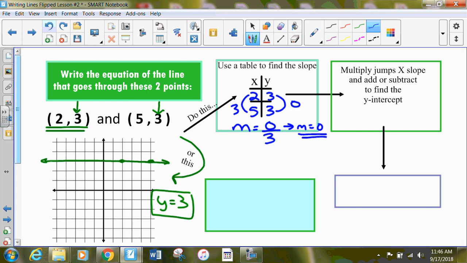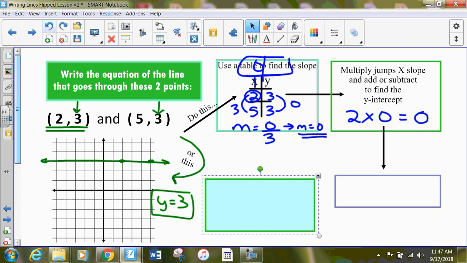Let's see, how many jumps would we have? We're going from 2 to 0. So we would have to make 2 jumps, right? 2 times 0 is 0. And we're going to subtract that from our point. I'm not sure why I didn't include a table.